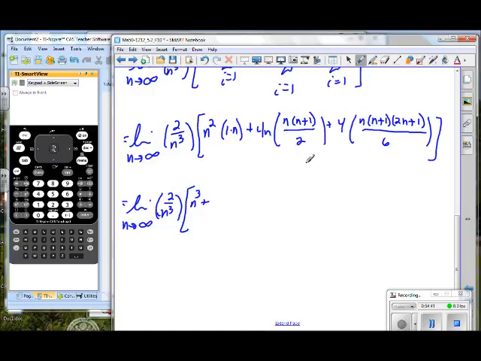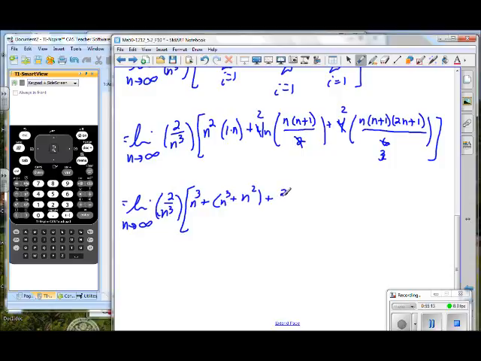This term is going to be n squared plus n. Also, our 2 and our 4 can cancel, so this becomes n squared times n plus 1. So that would be n cubed plus n squared plus 4 and 6 have a common factor of 2. So we can factor out a 2 from that.